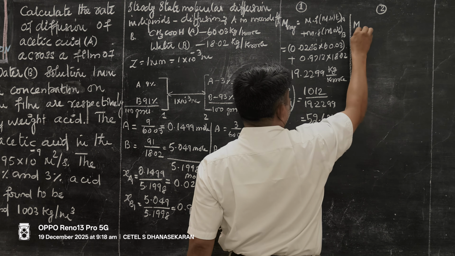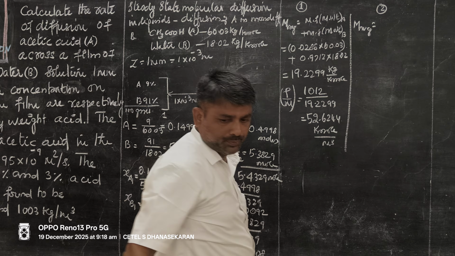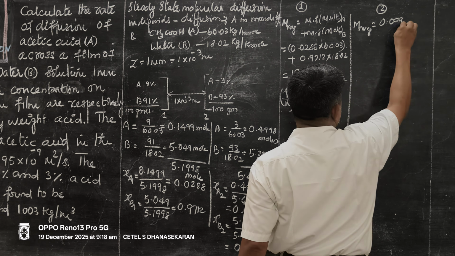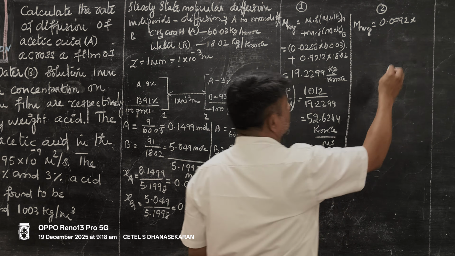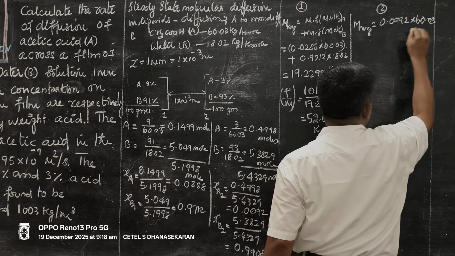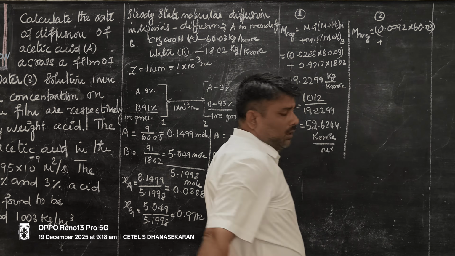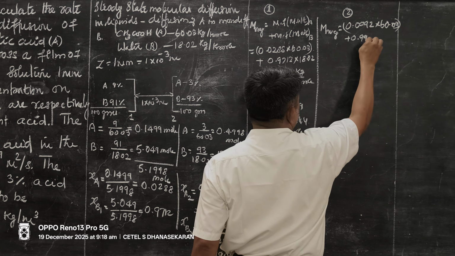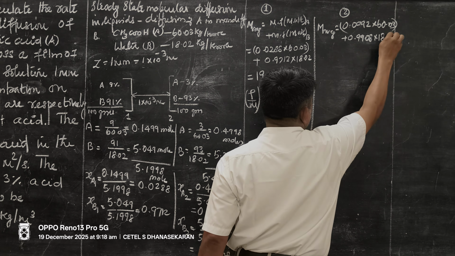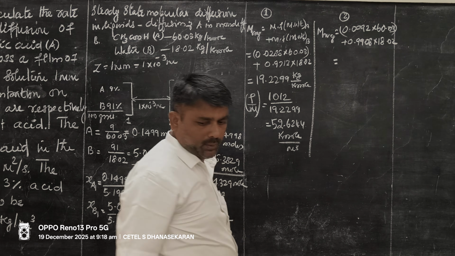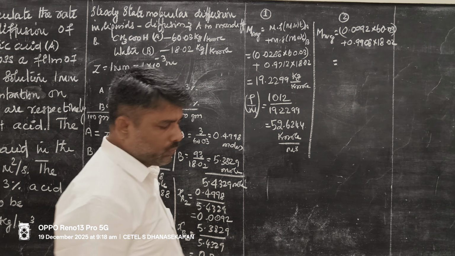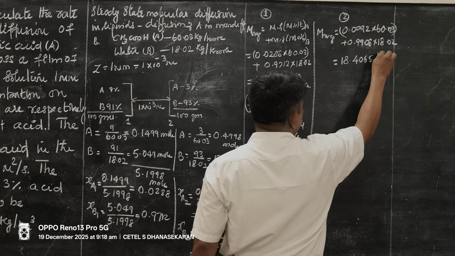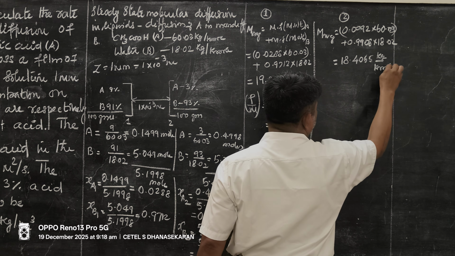M average is equal to 0.0092 into molecular weight of acetic acid 60.03 plus 0.9908 into molecular weight of water. So the average molecular weight in region 2 is 18.4065 kg per kg mole or gram per gram mole.